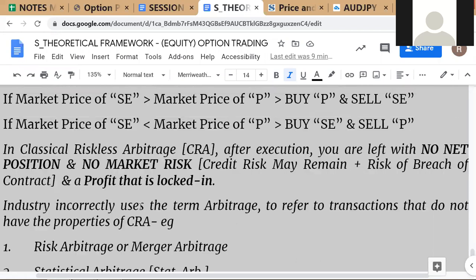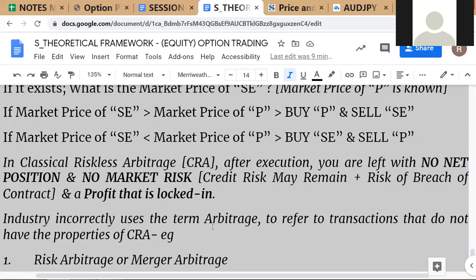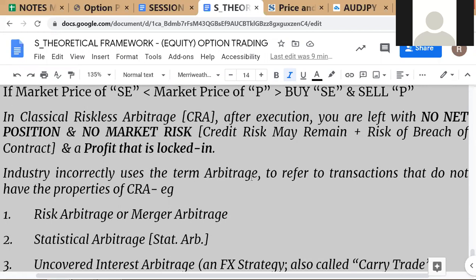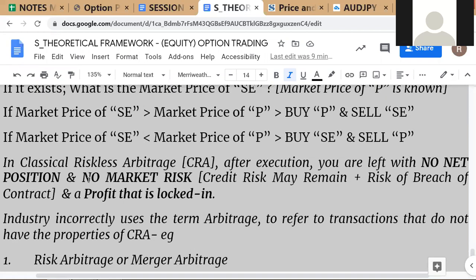And we had to come up with this term called CRA because people have started using the word arbitrage in a casual manner and using it to refer to transactions where this condition is not satisfied. So that's not allowed, should not be done.